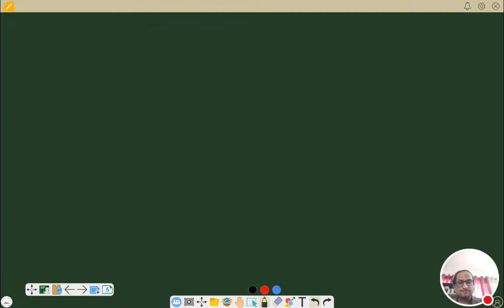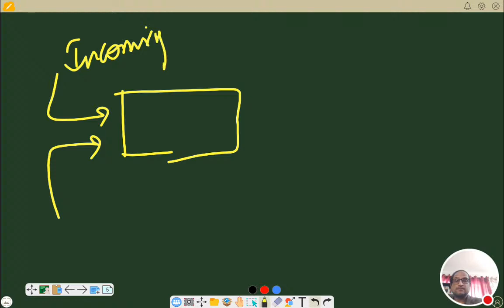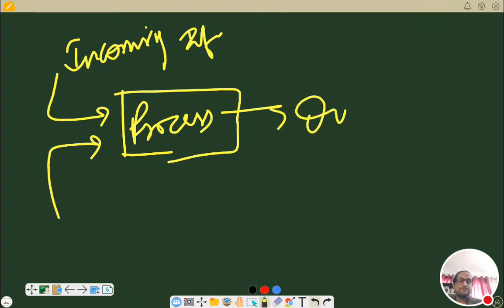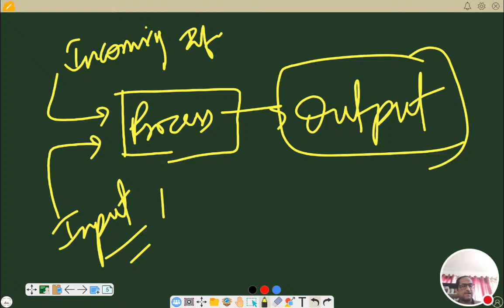Input, output. This is your computer: incoming information, processed, output. The same thing happens with you.